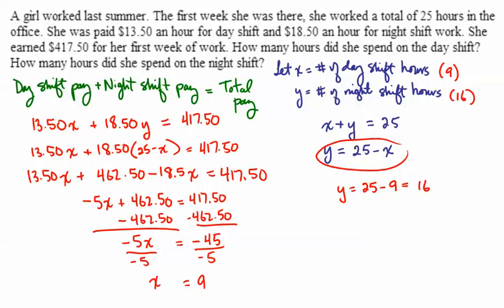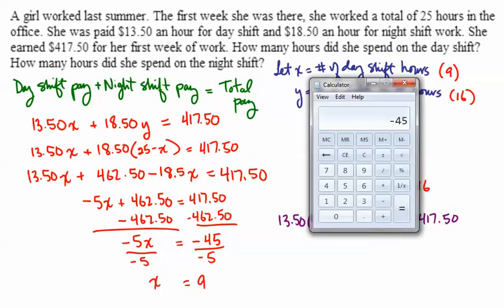And finally, we're going to check to make sure we got everything correct. We have 13.50 times the number of day shift hours plus 18.50 times the number of night shift hours, which should come out to be a total of $417.50.